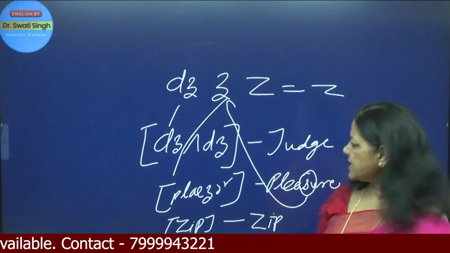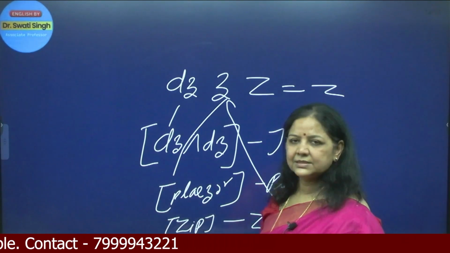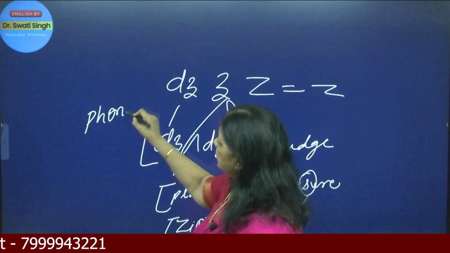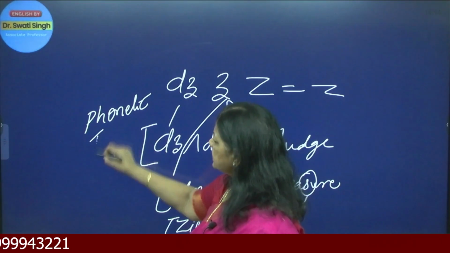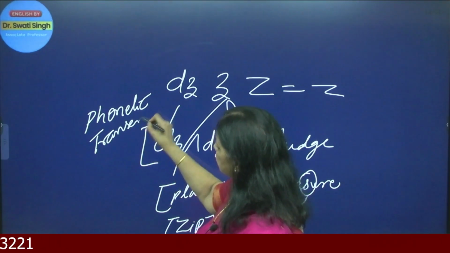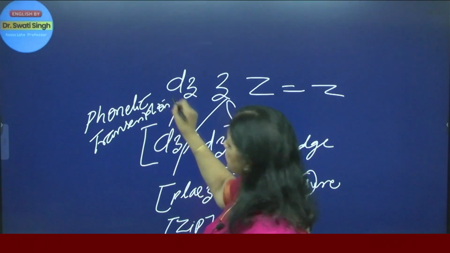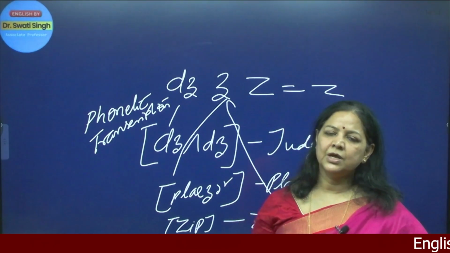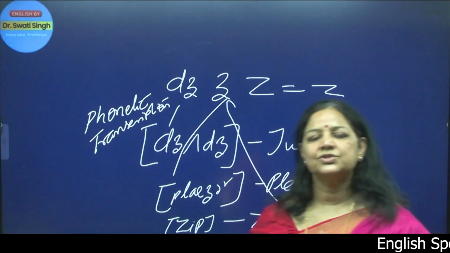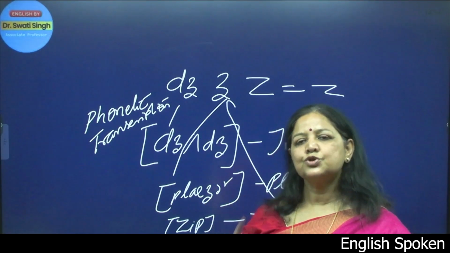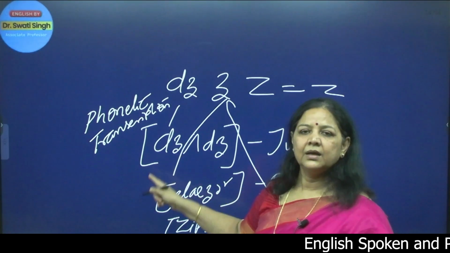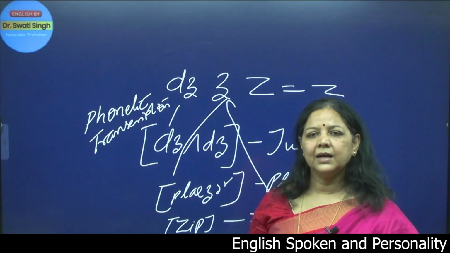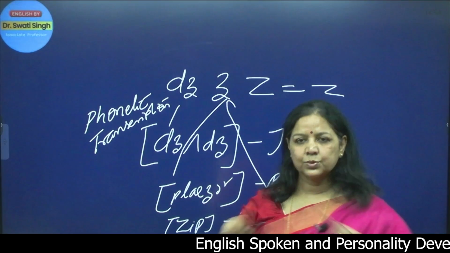Have you noticed one thing, what is this? This is called phonetic transcription. And there is a rule for phonetic transcription. Whenever you transcribe a word, it should be written inside a square bracket.